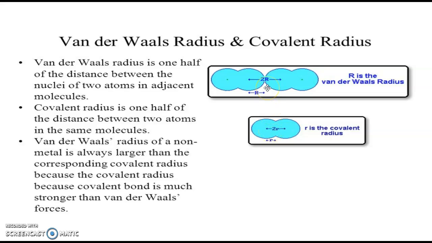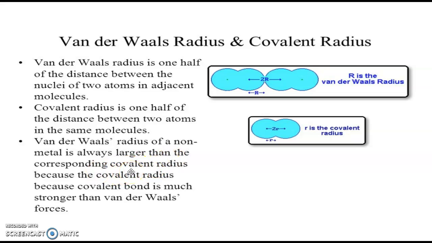In the van der Waals radius, we consider the nuclei of two atoms of two different molecules. This is the difference between covalent radius and van der Waals radius. The covalent radius is half of the distance between two atoms in the same molecule. The van der Waals radius of a non-metal is always larger than the corresponding covalent radius.